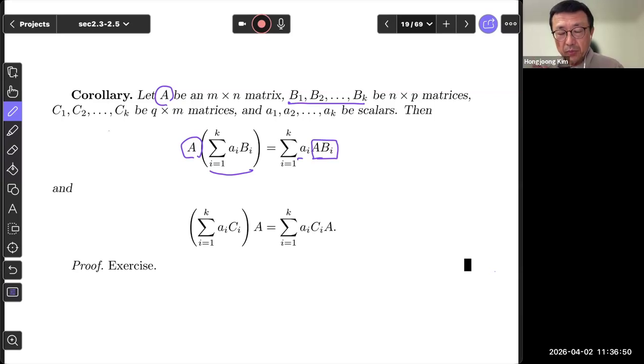As I said, this order is very important in matrix multiplication. You cannot switch B_i and A. You need to keep that order, A and B_i, then you can derive this distributive law.